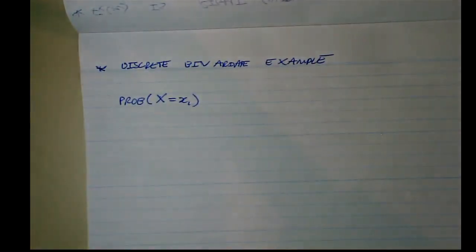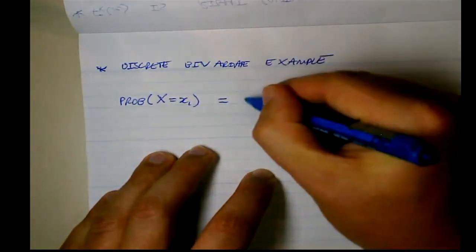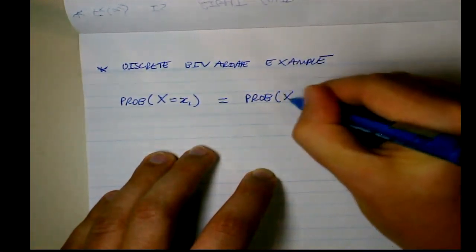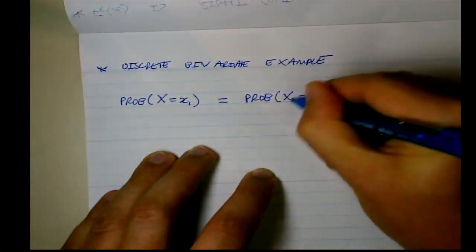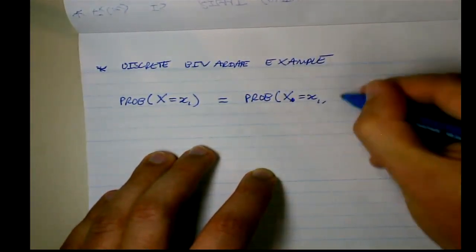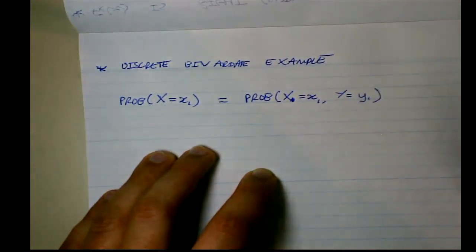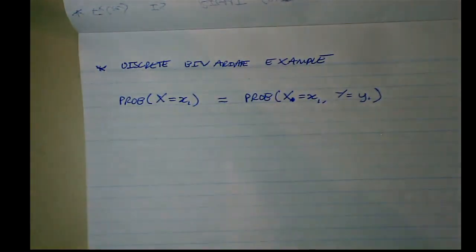To compute the marginal probability, all you need to do is sum over all possible ways in which x can be equal to x1. Well, one way that x can be equal to x1 is if y is y1. That's one case in which x can be equal to x1.